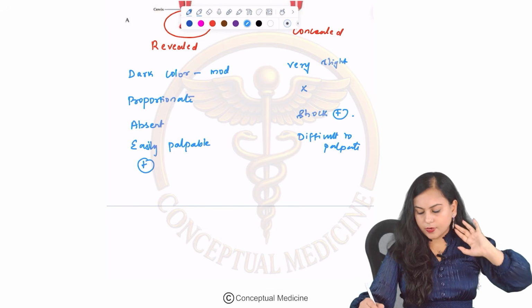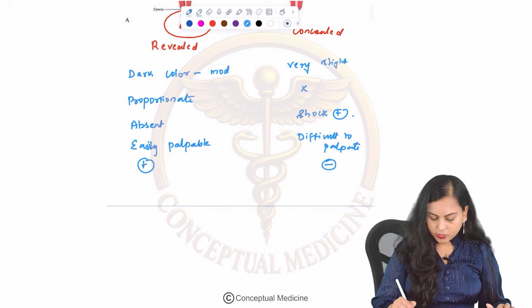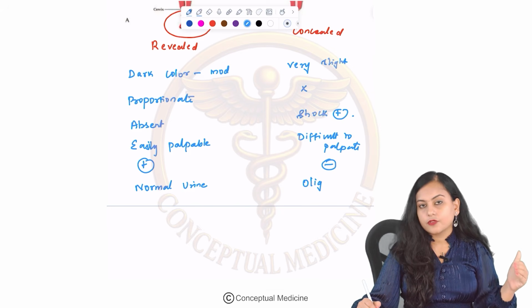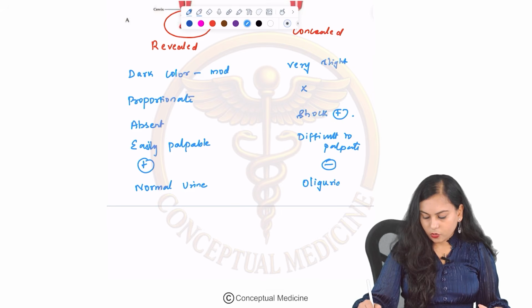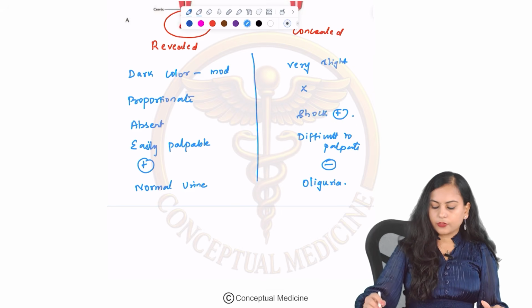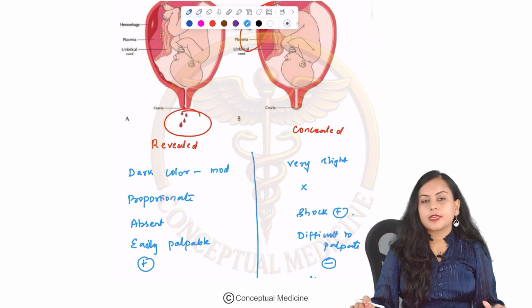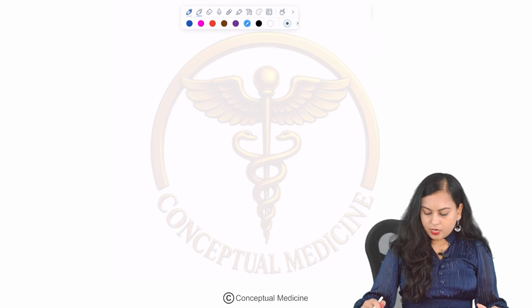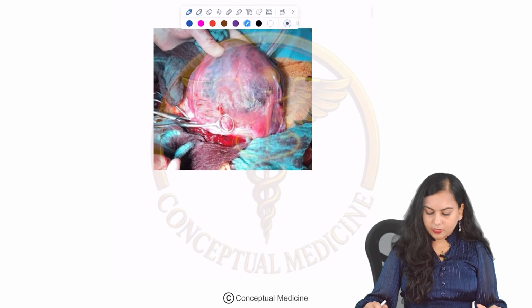Here it is usually not present, and also oliguria can be seen in case of concealed hemorrhage. Whereas in case of revealed hemorrhage, you will have normal urination. Okay, so these are some of the important points of revealed hemorrhage and concealed type of hemorrhage, right? Yes. Now, let's discuss about this one.